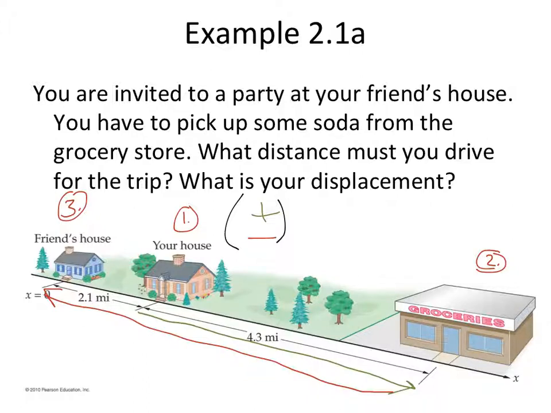What distance? Now, distance, remember, is a scalar quantity. Doesn't care about direction. It just cares about how much, you might say, mileage that you log. All right? Well, you go 4.3. Let me write distance right here. Distance equals 4.3 in that direction.